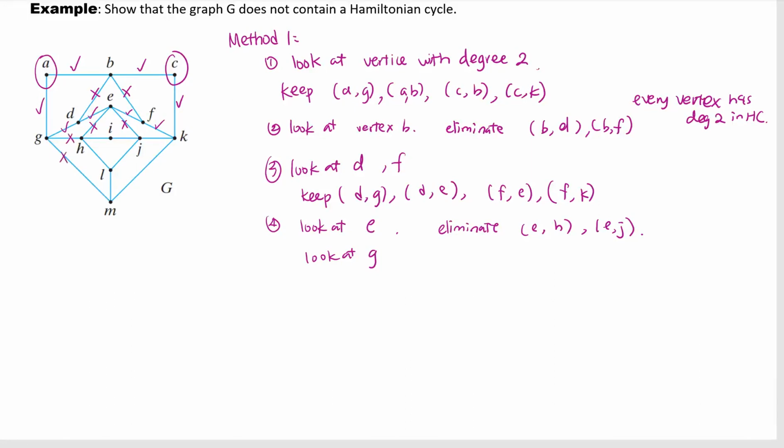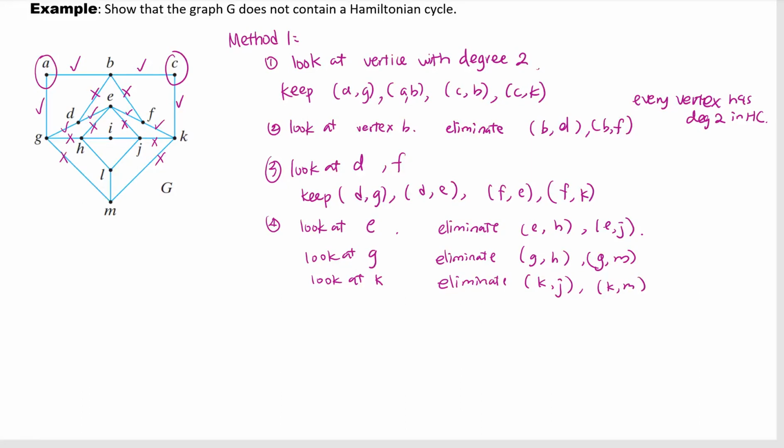So eliminate GH and GM. Same thing here with K: we already have 2 edges incident to K that we need to keep, so eliminate the rest. Eliminate KJ and KM.